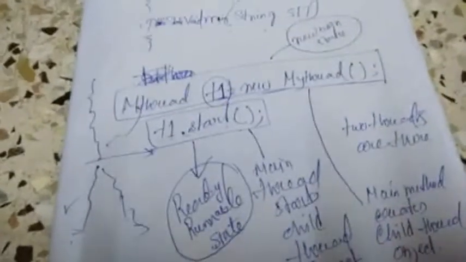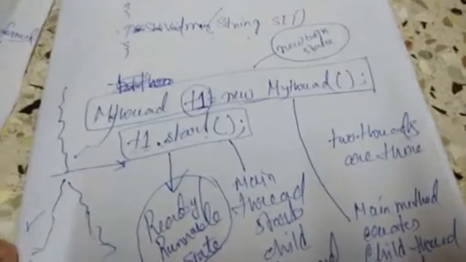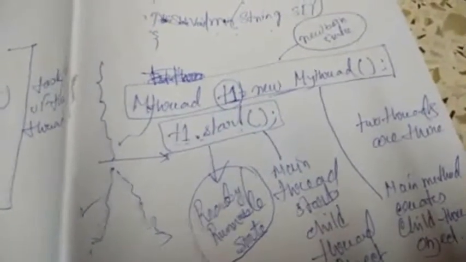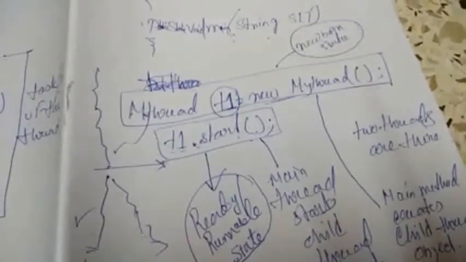Now, consider one more thing: we are not writing t1.run. Clear? Have a look: we are defining a run method inside our thread class, but we are not calling this run method explicitly.